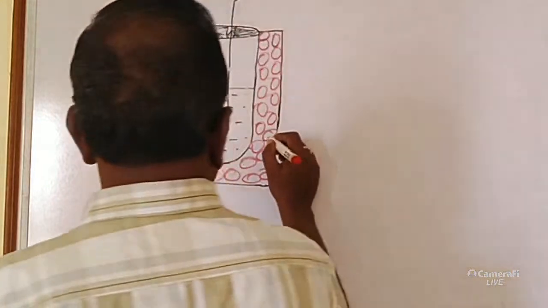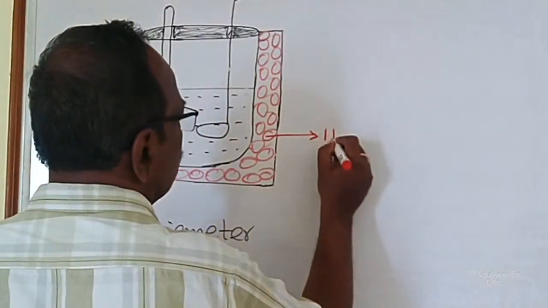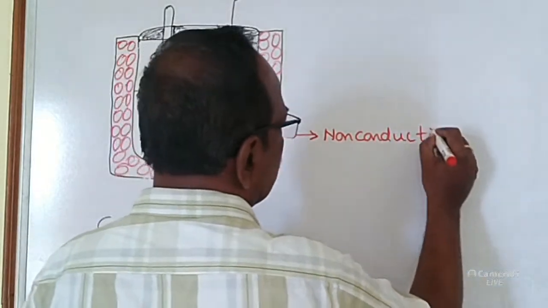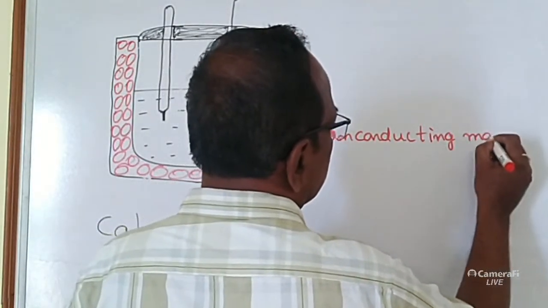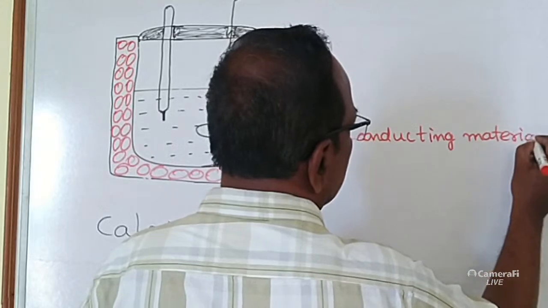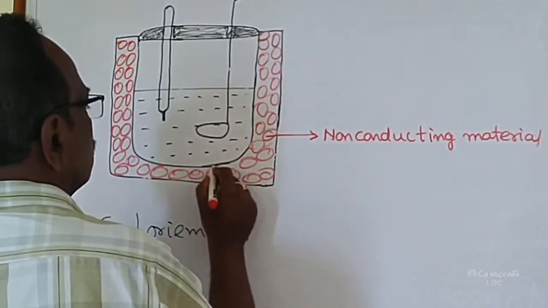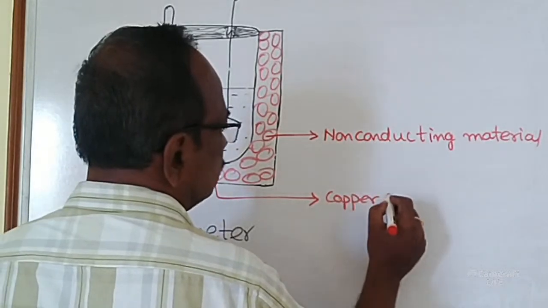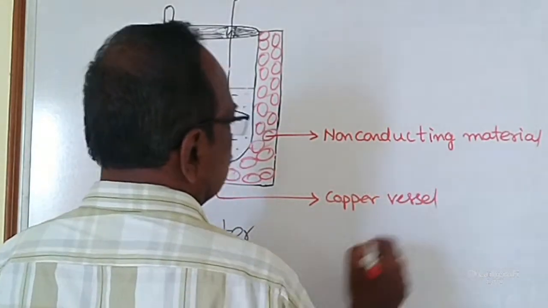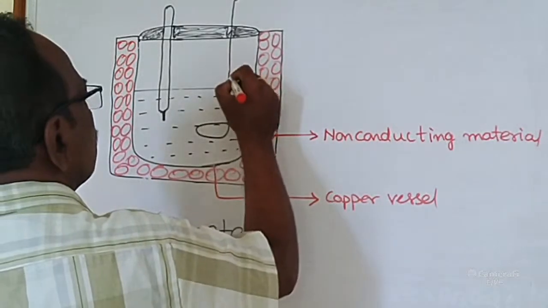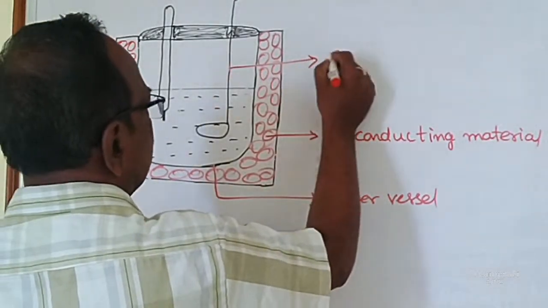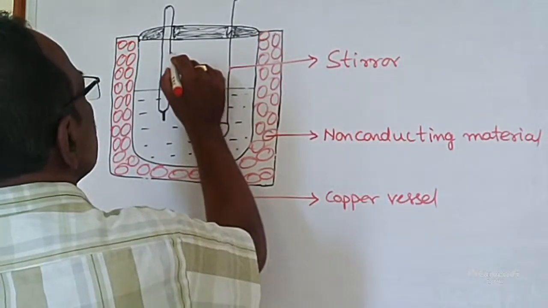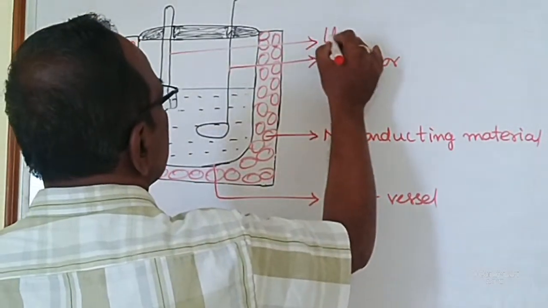So here you can observe, this one is what, Nana? Non-conducting material. This one is copper vessel. So this one is stirrer. So this one is thermometer.